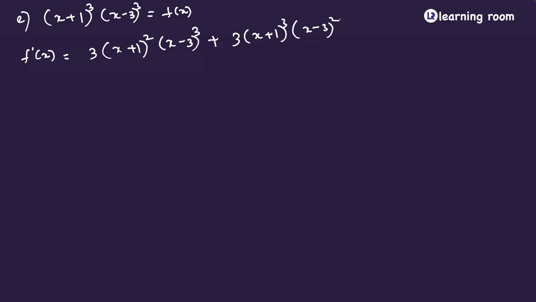Am I right? So what can you take out common from both? Can I take out 3 into x plus 1 the whole square, x minus 3 the whole square outside? So what is it that you're left with? X minus 3 plus x.